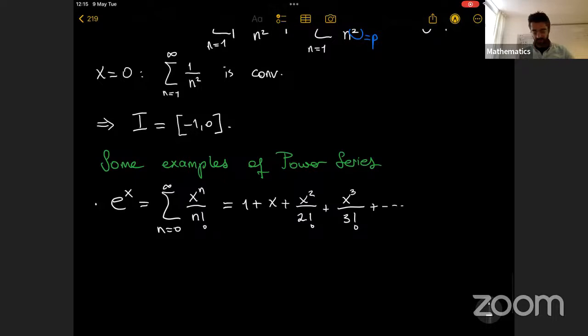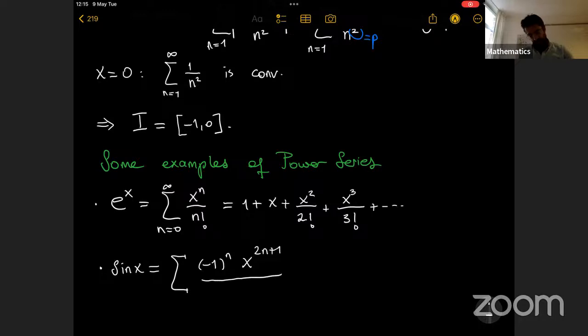This is the exponential function. Sine function, sine x, remember, it's an odd function, and we have odd powers. You can remember the formula from this: minus 1 to the n, x to the 2n plus 1, odd powers, and here 2n plus 1 factorial, n from 0 to infinity.